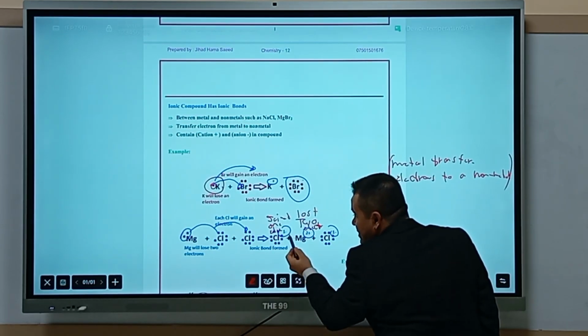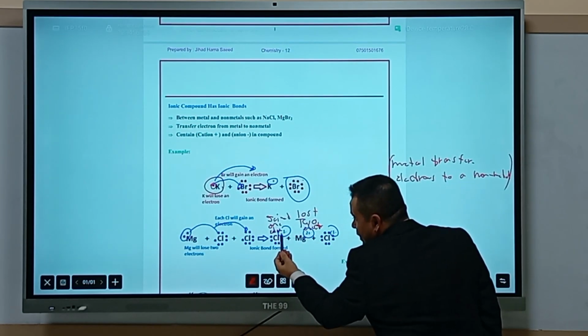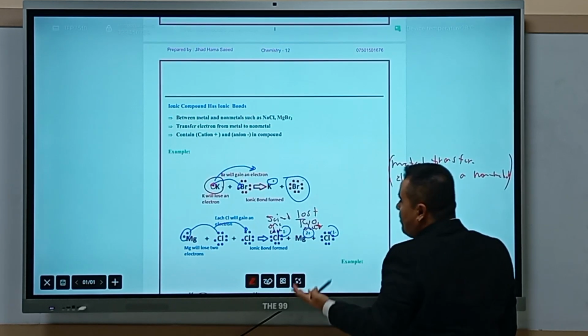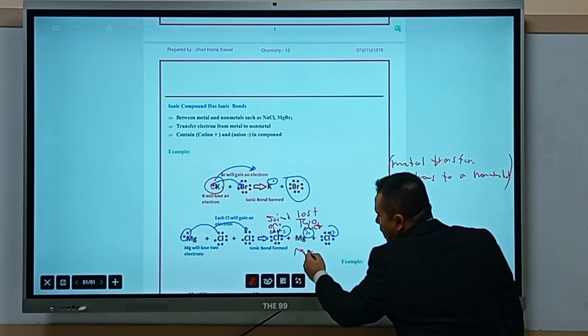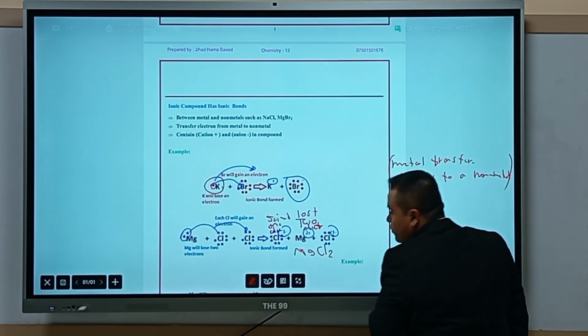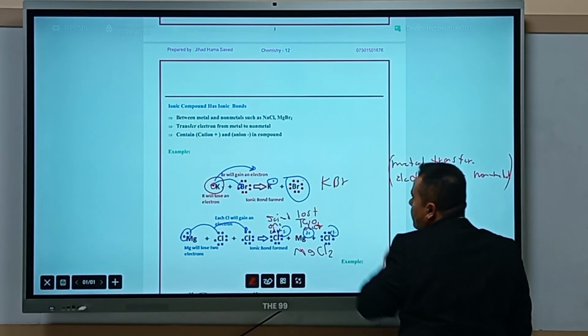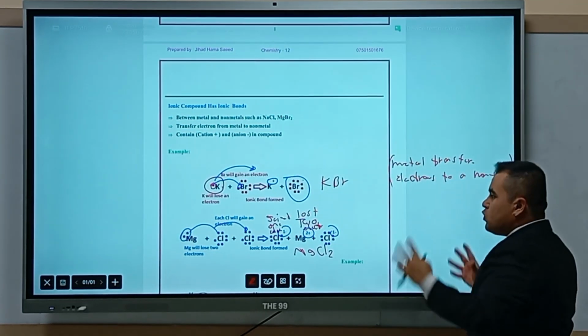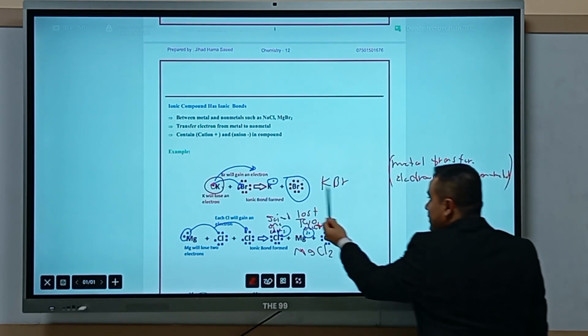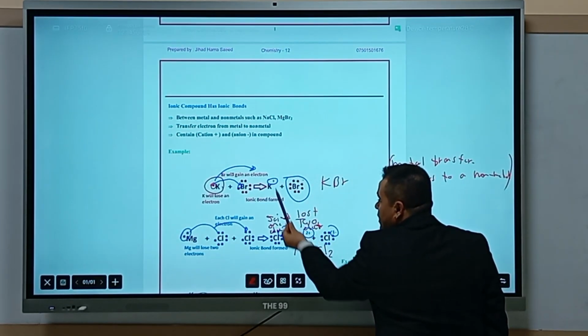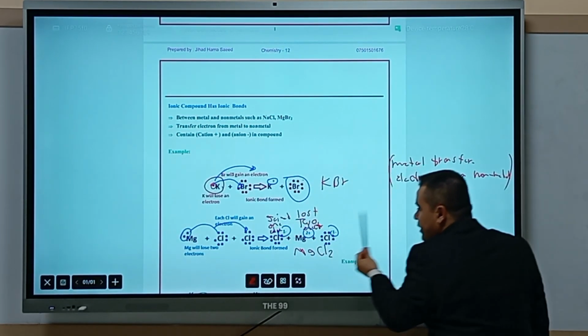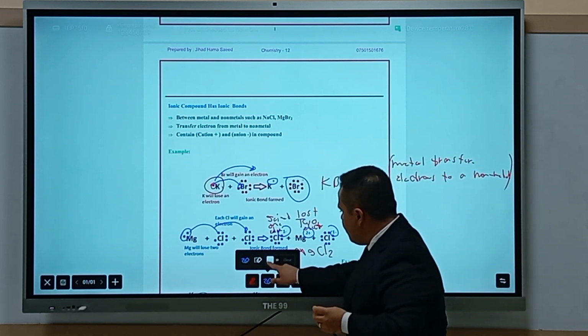It can be written like this separately or in a combined form as MgCl2, or in the above, KBr. But when we dissociate them, the metals become cations and the non-metals become anions.